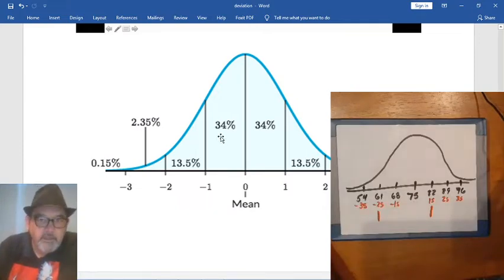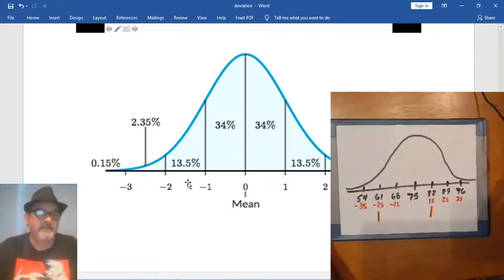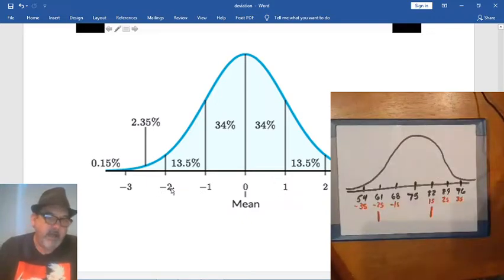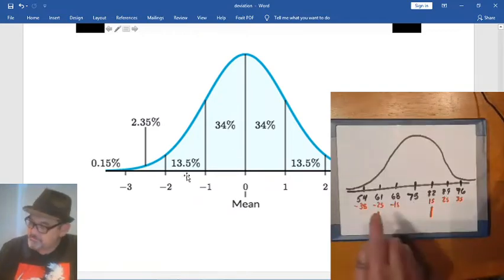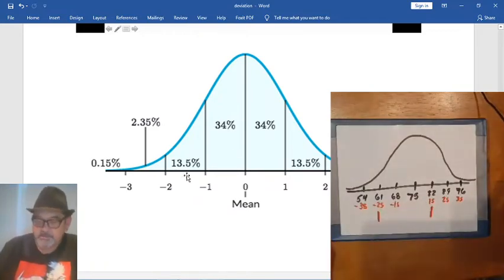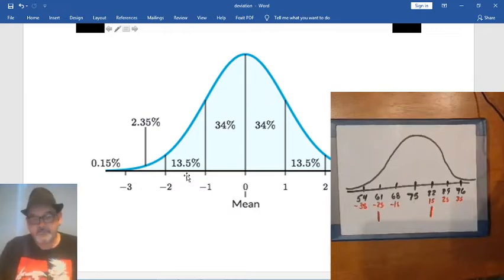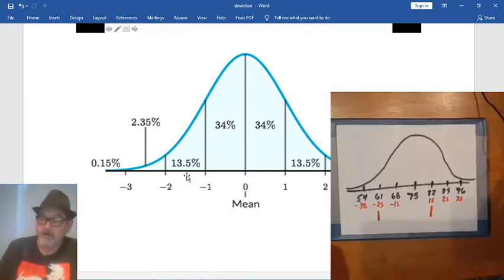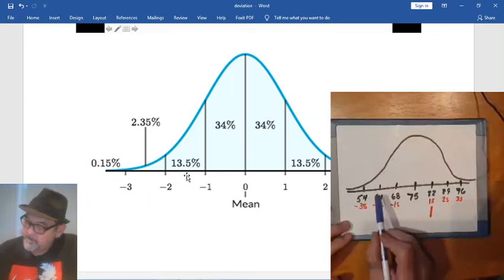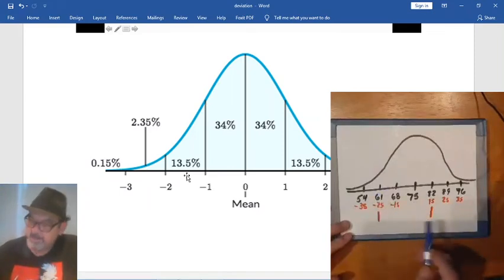Well, I can just add 34 plus 34 plus 13.5, and that will tell me the range of the percentages of scores that fall between these 3 standard deviations. So 68 plus 13.5 is 81.5. So 81.5% of all the test scores fall between 61 and 82.